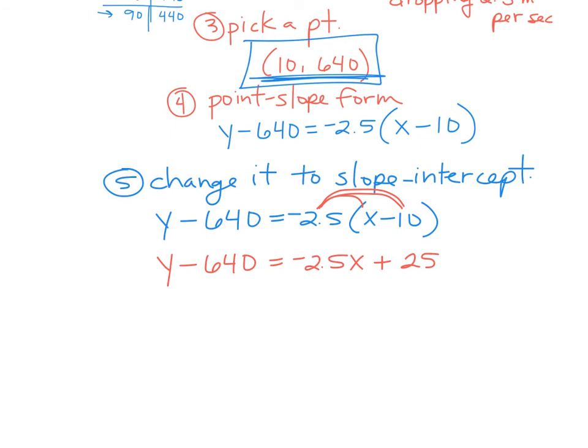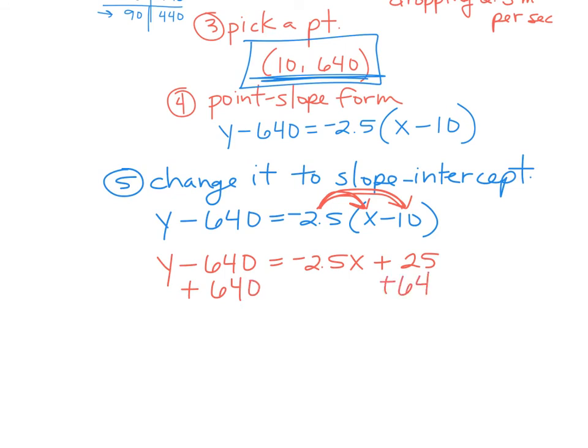Do you see what it is? I just distributed here and here to get this, and that's it so far. So how do I get it to be y equals mx plus b? In slope intercept form, you add. We're going to add 640 to both sides.